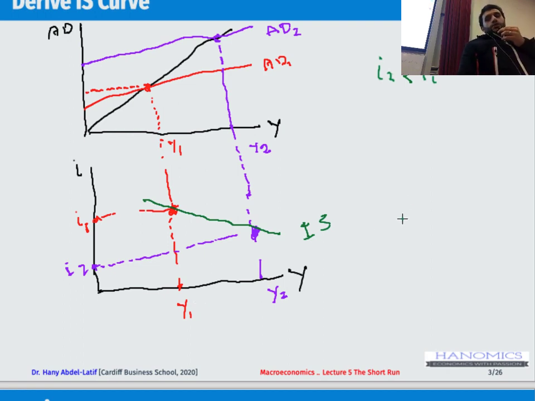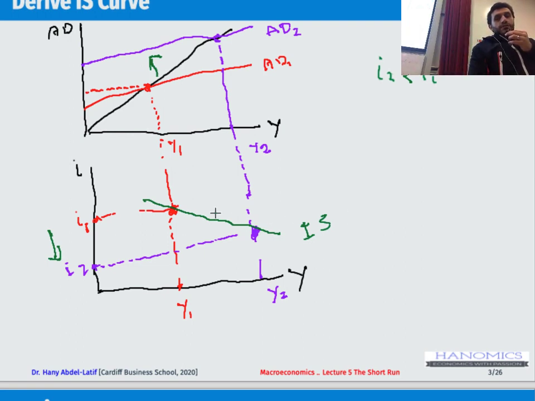The second one, I assume that the interest rate had fallen from I1 to I2, and how this is going to affect aggregate demand. Basically, aggregate demand will shift upward, because as I said, if the interest rate falls, that means investment will increase, and that is a component that contributes to aggregate demand, which means that the aggregate demand curve will shift upward, giving us a new equilibrium point.